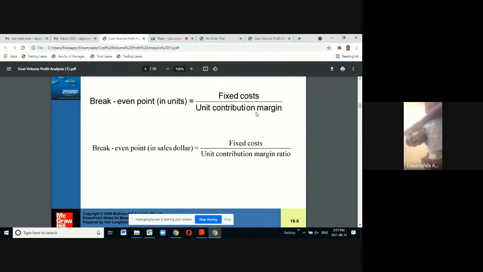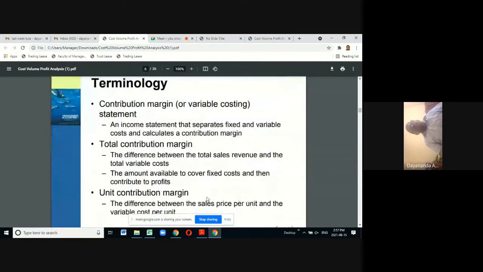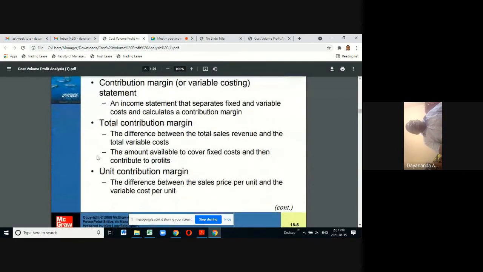When you divide the contribution margin by sales price and multiply by 100, you get the CS ratio, or the contribution margin ratio. Okay, terminology: contribution margin, variable costing, because you always consider the selling price minus variable cost. That's why the variable costing concept comes in.